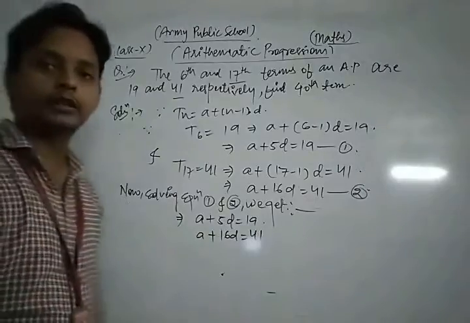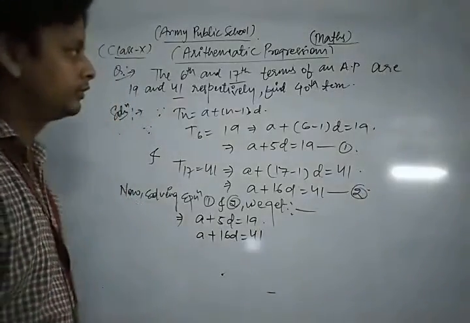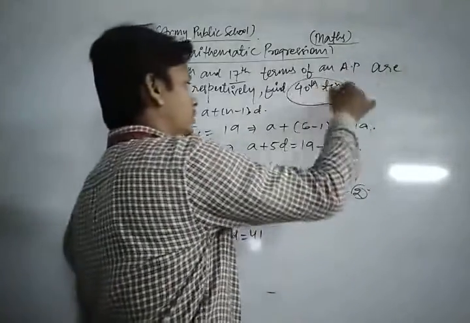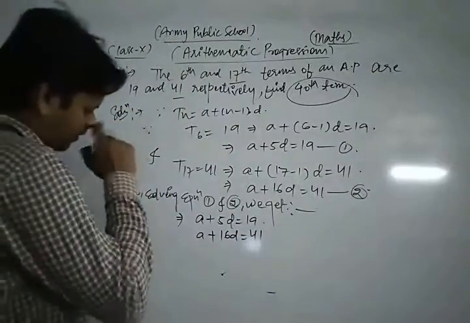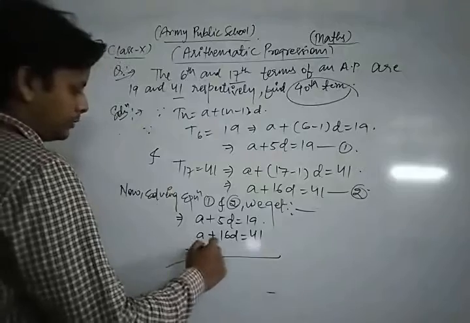Because first of all we find the value of A and D, after that we find its 40th term.